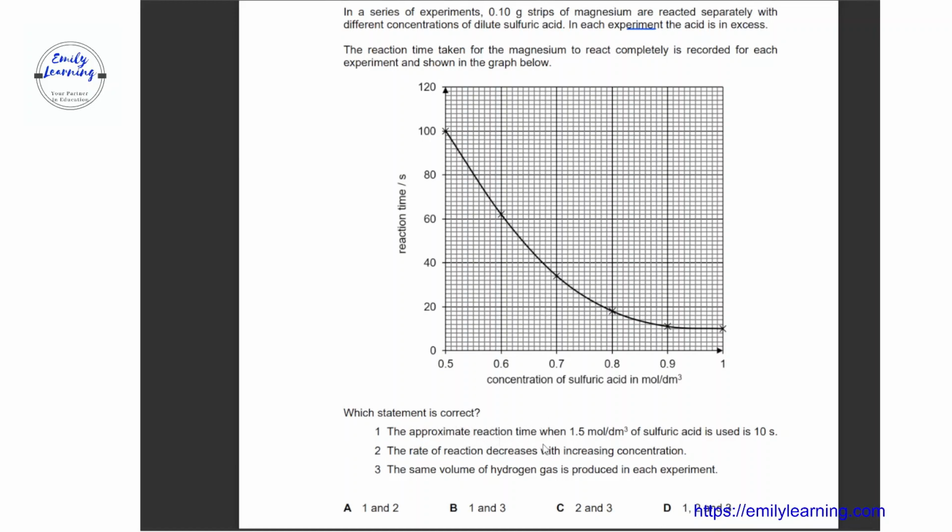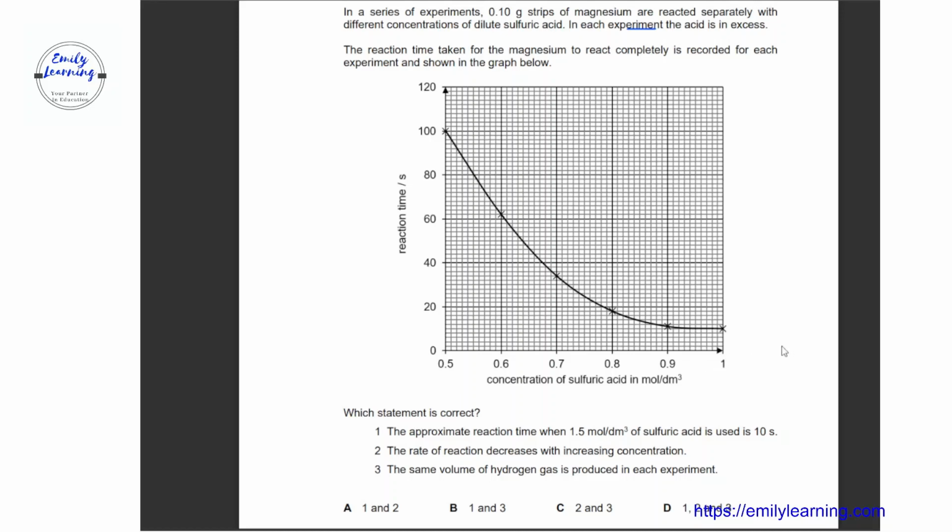The approximate time when 1.5 mole per dm³ of sulfuric acid is used is 10 seconds. If we look here, once it goes beyond maybe 0.95 mole per dm³, the time taken is more or less constant, right?